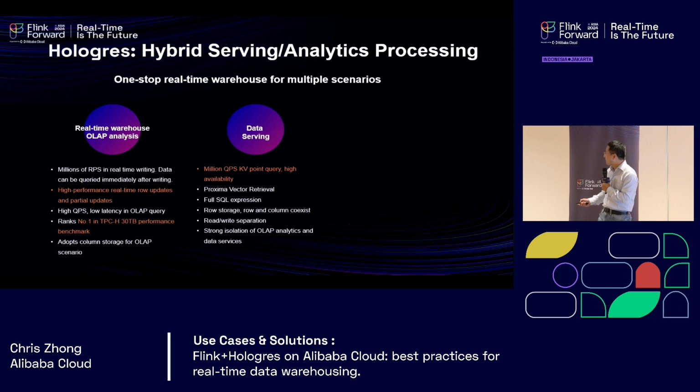For this scenario, we usually use row storage. Hologres provides different storage types, columnar storage and row storage. So for the serving scenario, we suggest using row storage, which performs high QPS KV queries.